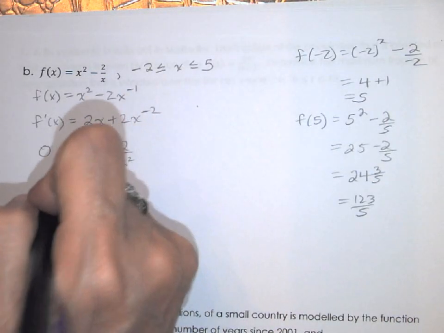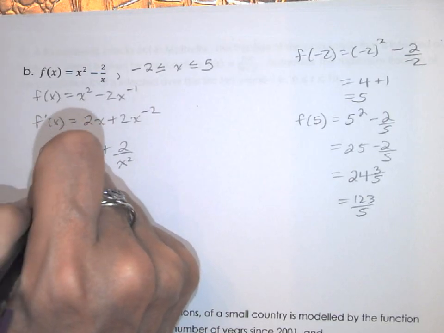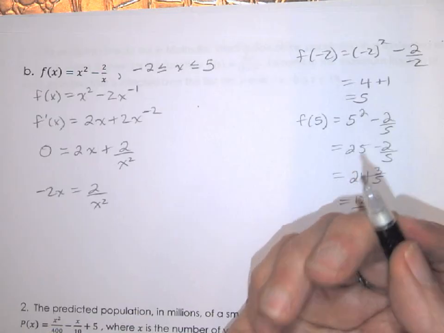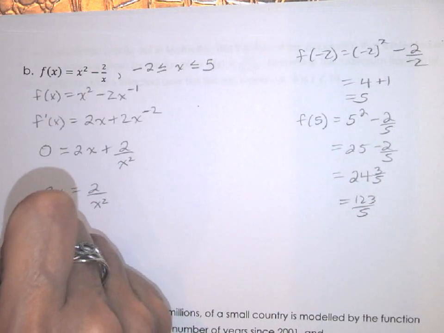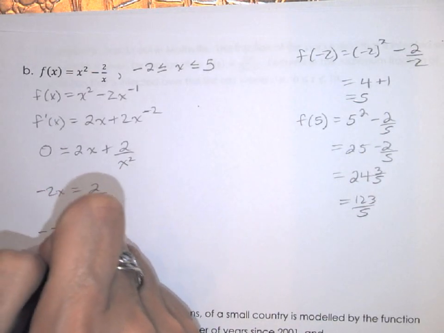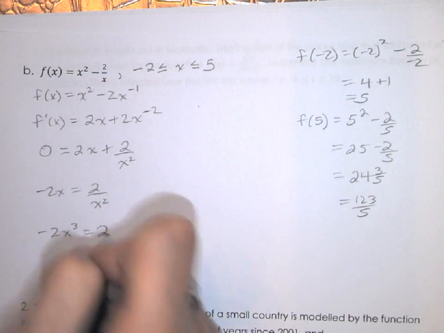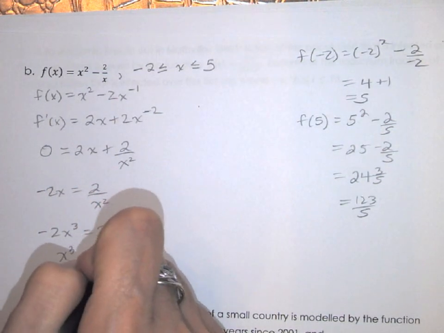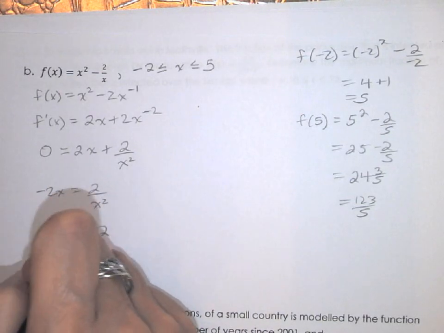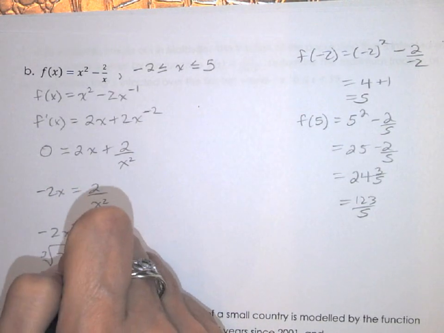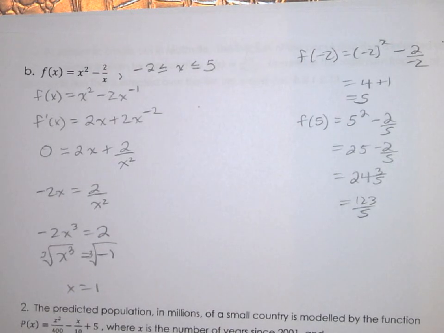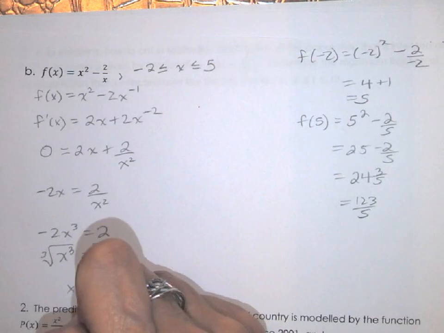If we subtract the 2x to the other side, multiply both sides by x squared, we're going to get -2x cubed equals 2, or that x cubed equals -1, and the cube root of -1 is -1. So that's our only place where the tangent's horizontal.